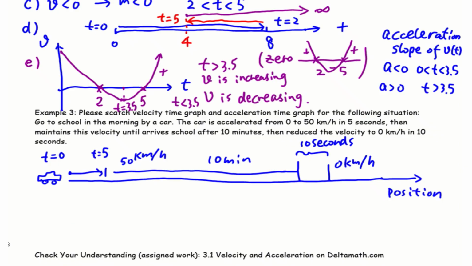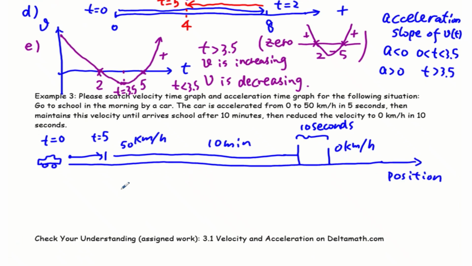So now we are going to graph it. This is the time, this is the velocity. We have time equals 5 seconds, and 10 minutes will be 600 seconds, so altogether 605. Then after 605, 10 more seconds, so this is 615. It's not to scale, so I will put a break here.